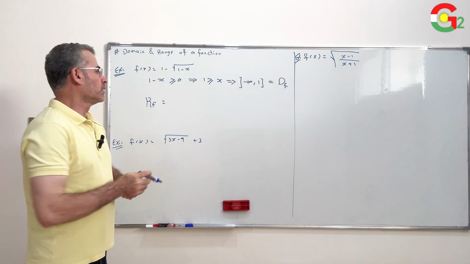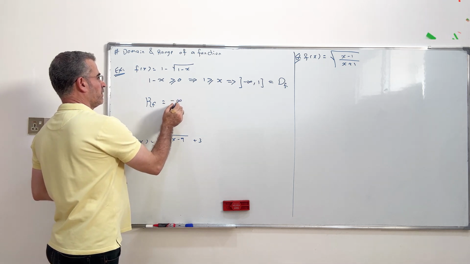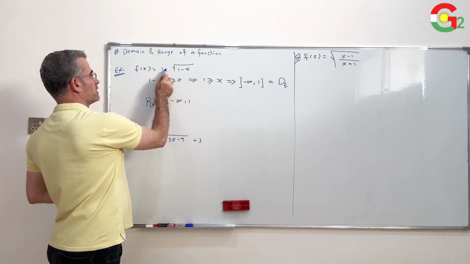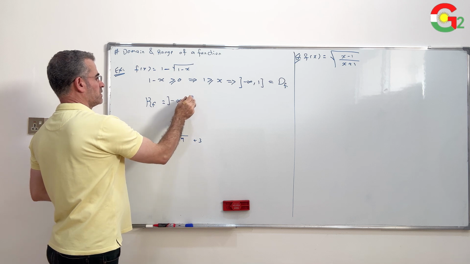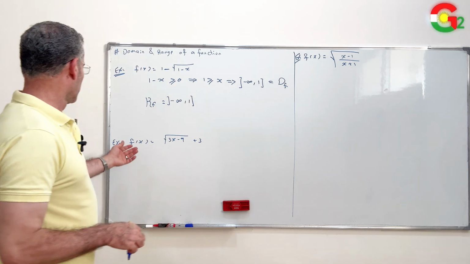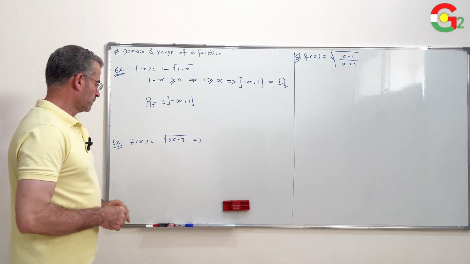Then the range is negative infinity to 1, since the root is preceded by a negative sign.